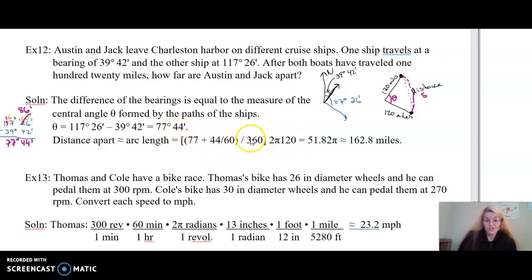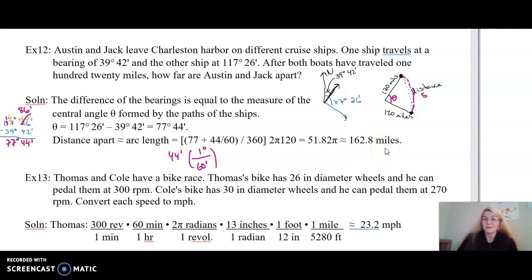Well, it's out of 360 degrees. So this is 77 degrees plus 44 minutes. If I want to convert it to degrees, there's 60 minutes in 1 degree. So 44 over 60 degrees, add that together, then divide by 360, then multiply by this. You're going to be about, not exactly, 162.8 miles.